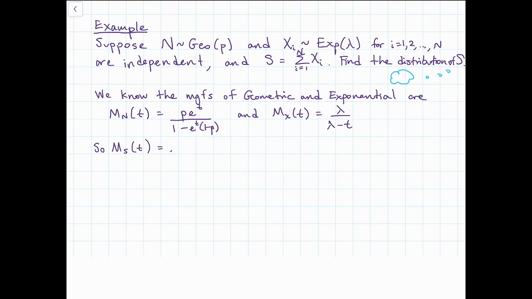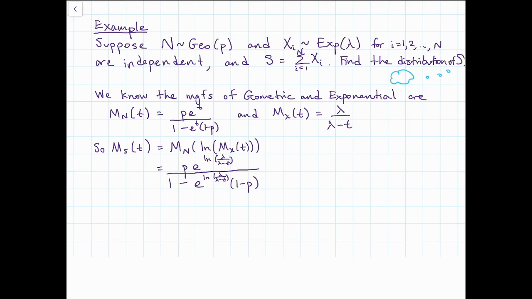So that tells us that we can get the moment generating function of S by taking the moment generating function of X, taking the ln of it, and then plugging that into the moment generating function for N. So we'll see what we get. We'll take the p e^t, but instead of t, we'll have ln of lambda over lambda minus t, and then same thing on the bottom there. We'll replace the t with ln of lambda over lambda minus t.